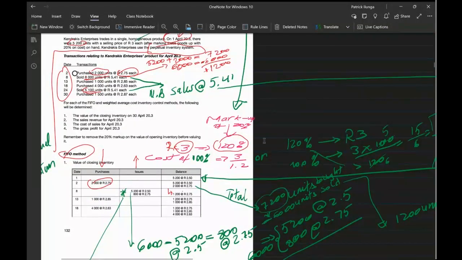And this is again high school calculation. If 120% equals 3 rand, what does 100% equal? Ladies, are you able to see my mouse on the screen?